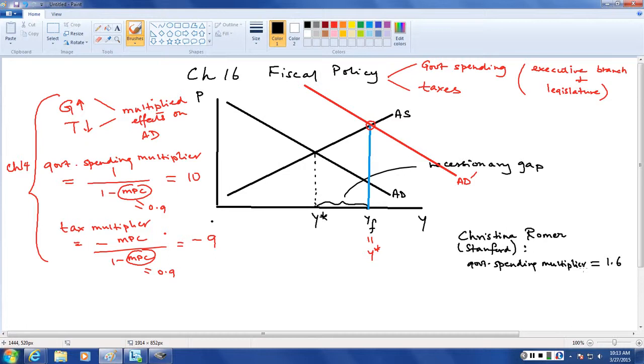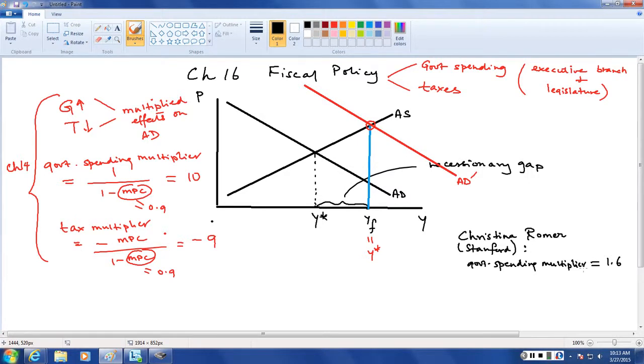Aggregate demand would increase by $1.60. Is that correct? So according to Christina Romer, if the government raises its spending by $1, aggregate demand in the economy would go up by $1.60. More than $1, certainly, but certainly not anything near $10. So we still have a multiplied effect, but it's a very modest multiplied effect. That's according to Christina Romer.